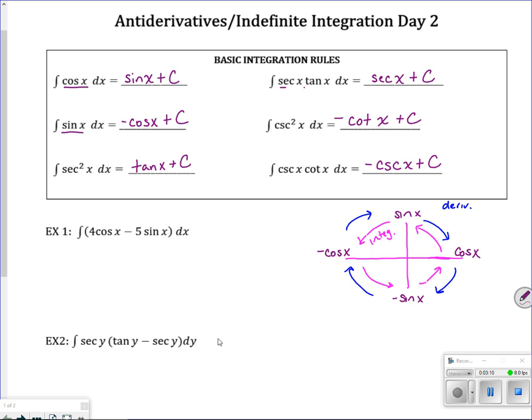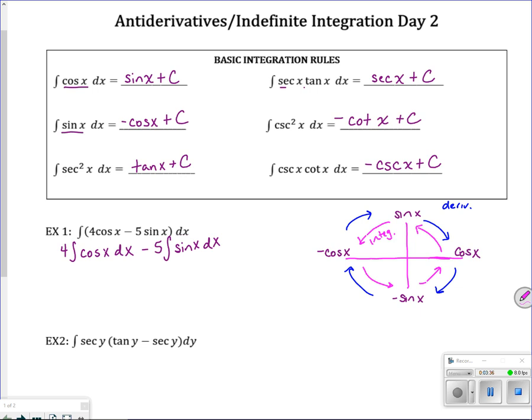Again, being that this is our first time through, I'll do a property that probably you're not going to end up writing, but remember that I can take the constant out and then I can take the individual integrals of these things. So I could pull a constant of negative 5 and take the integral of sine of x dx.